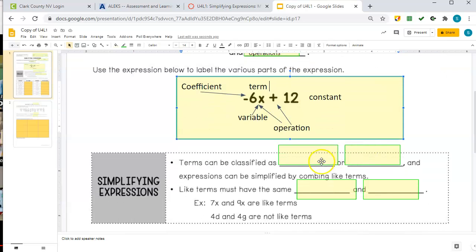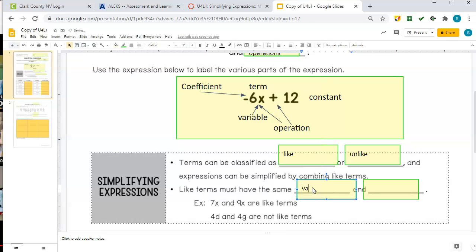Now, terms can be classified as either like or unlike terms. Like terms have certain common features, and we can simplify expressions by combining the like terms. Like terms must have the same variable and base.